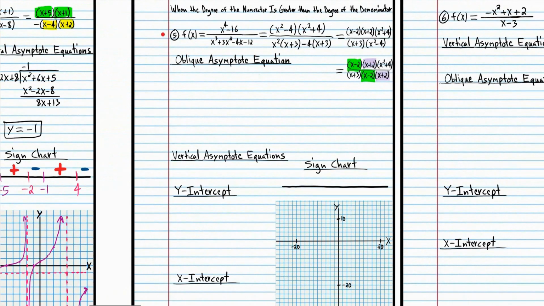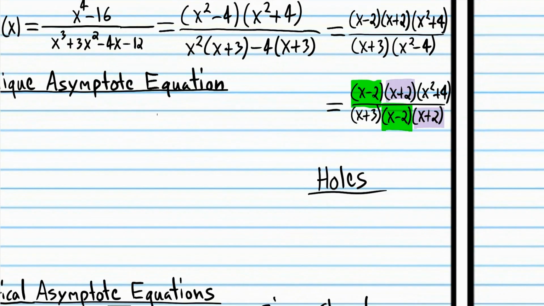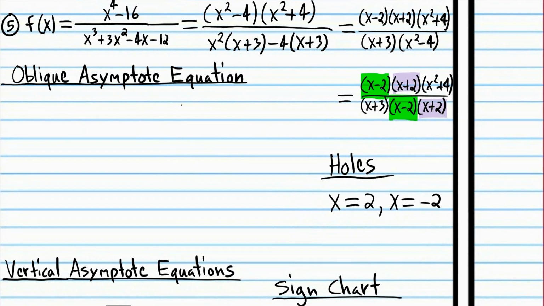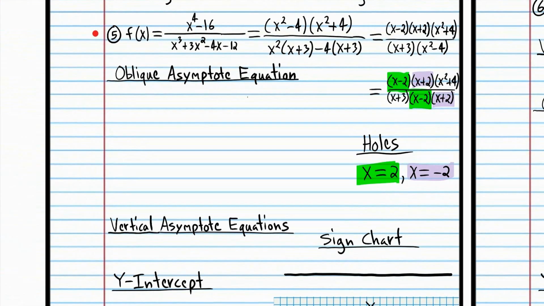So before I forget, let's write the x values where those holes occur. So that one came from there, the other one came from there. And we can see that there's going to be a vertical asymptote at x equals -3.